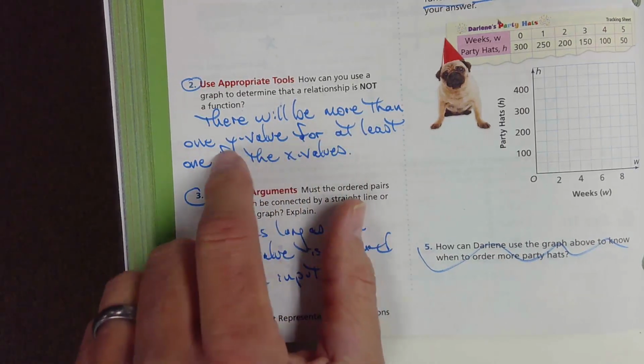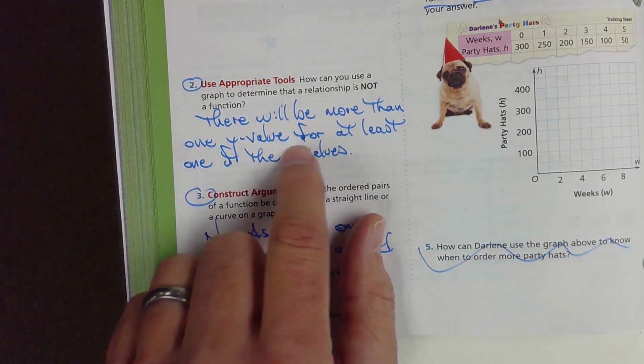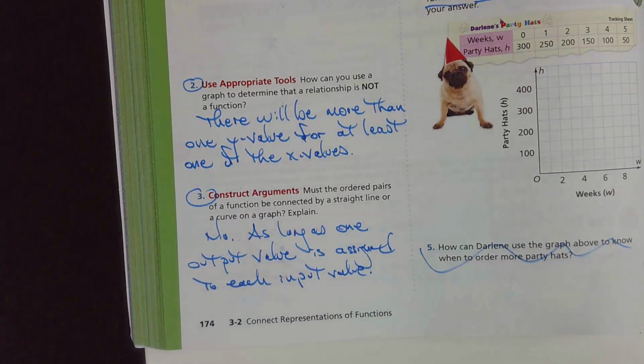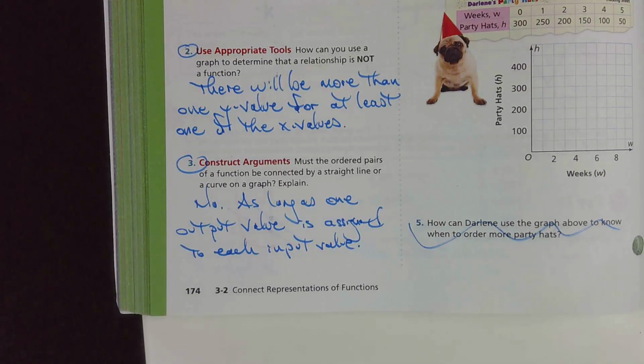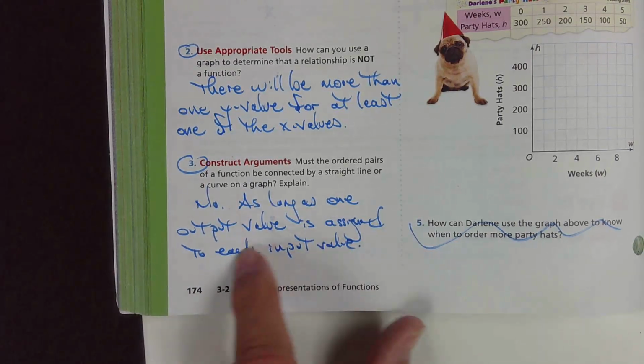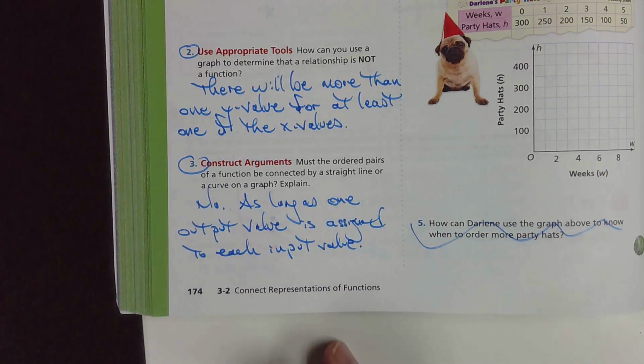There will be more than one y value for at least one of the x values. And number 3, it says, must the ordered pairs of a function be connected by a straight line or a curve on a graph? No. As long as one output value is assigned to each input value. Okay.